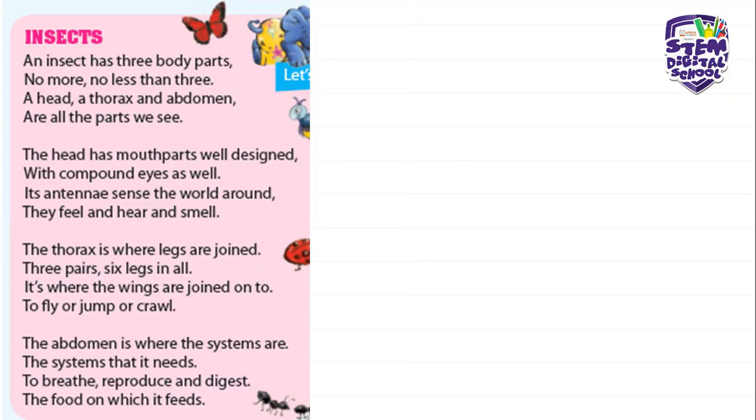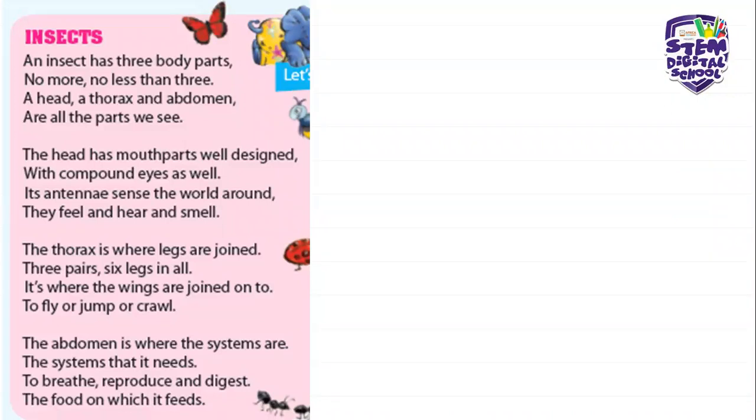Insects. An insect has 3 body parts, no more, no less than 3. A head, a thorax, an abdomen, all are the parts we see. The head has mouth parts, well designed, with compound eyes as well. Its antennae sense the world around. They feel and hear and smell.